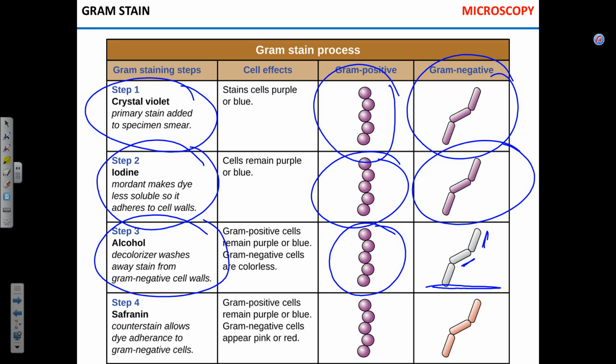The last step is to give gram-negatives a color. For this we add safranin. Safranin gives these cells a red color. That process makes sense. Actually, unless you do it, it does not, honestly.